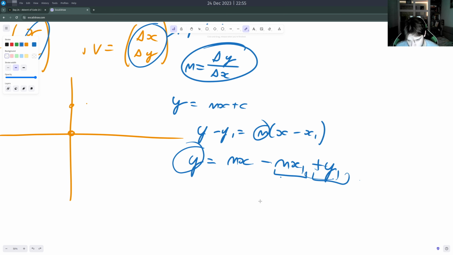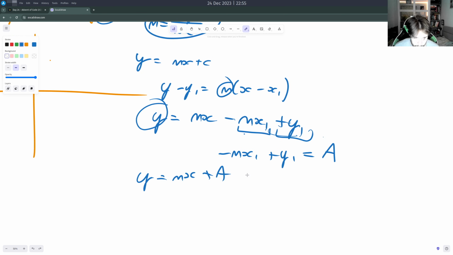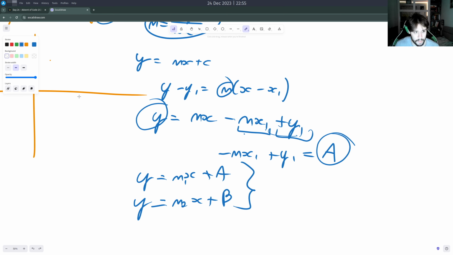So I'm going to say that minus m x1 plus y1 is equal to big A. So y equals mx plus A, and I'm going to say that's m1. So what we can say is make another equation that's m2 x plus big B, where big B is the equivalent for this, and we can join those together, solving the system of equations.